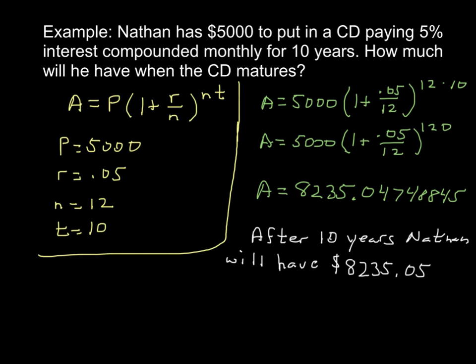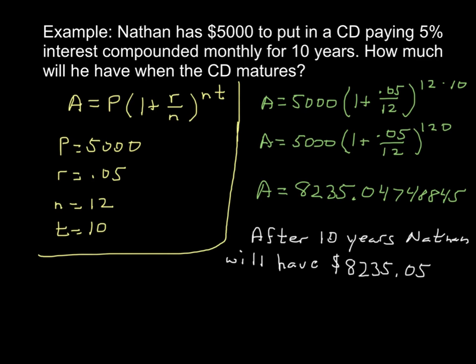Let's take a look at an example here. Nathan has $5,000 to put in a CD paying 5% interest compounded monthly for 10 years. Now, if you're not familiar with a CD, it's a certificate of deposit. It means that you put it into this account and then you will not touch it for 10 years. The banks use that because you're guaranteeing that you won't touch it.